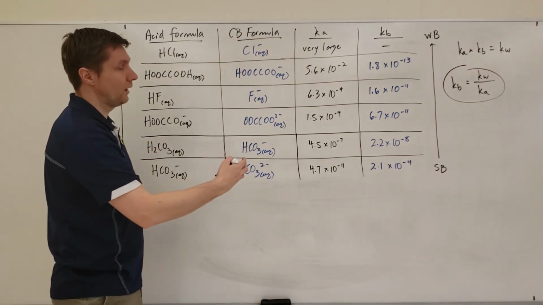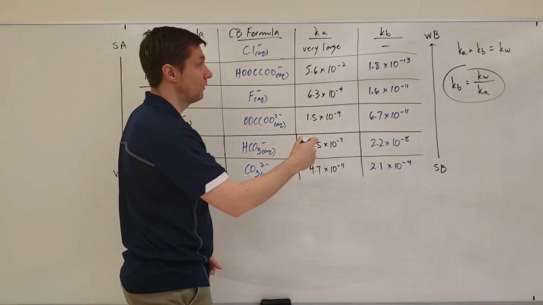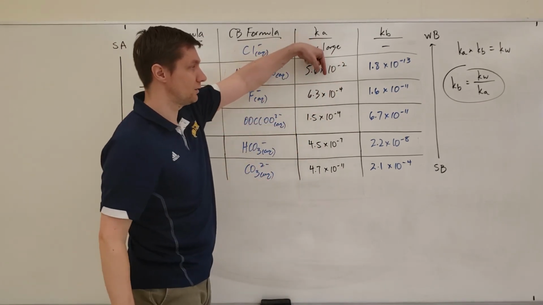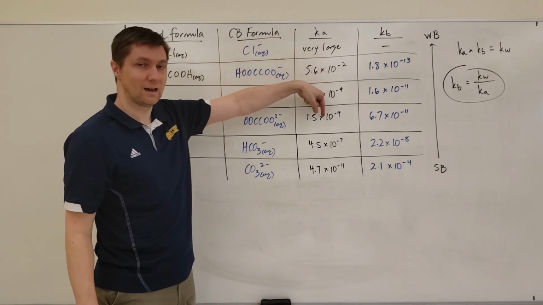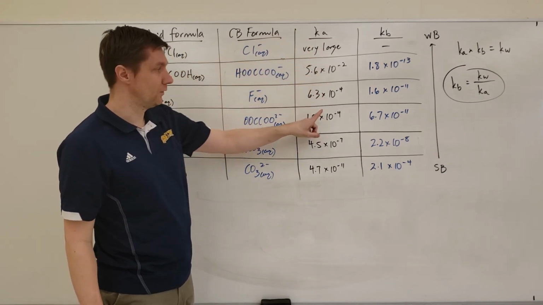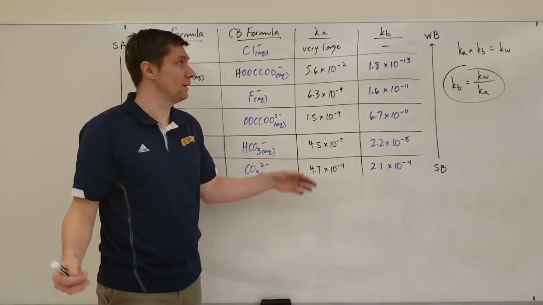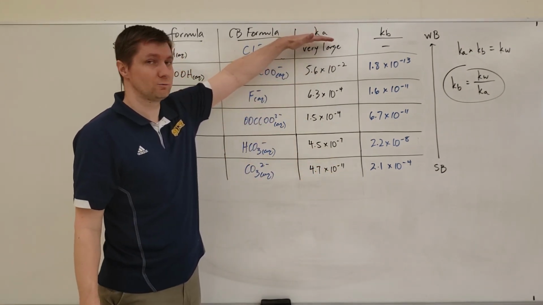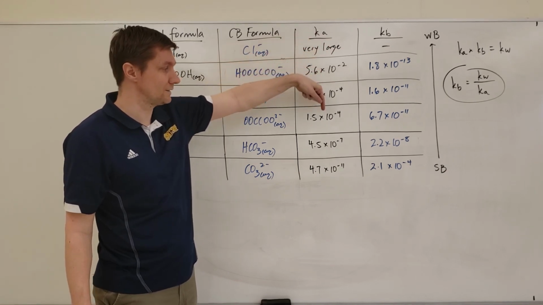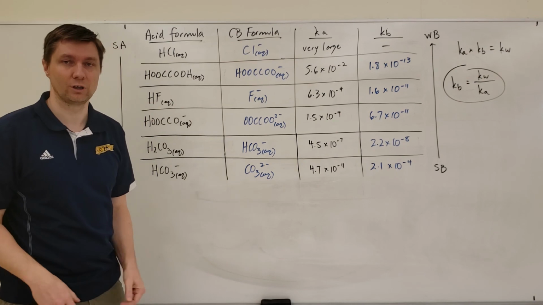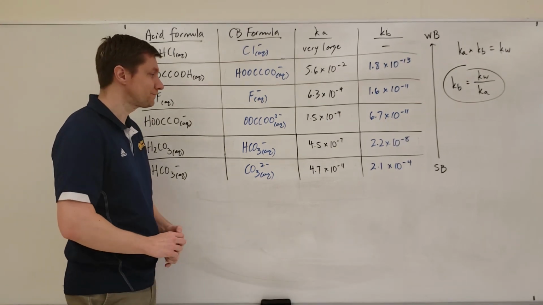What I want you to notice and make note of is that as I move down the chart, the weaker the acid I become, the smaller my Ka value becomes. Which also makes sense, right? If I'm starting up here very large with strong acids and I'm getting weaker acids, it would make sense that my Ka values get really small as I get really close to the bottom of the chart.